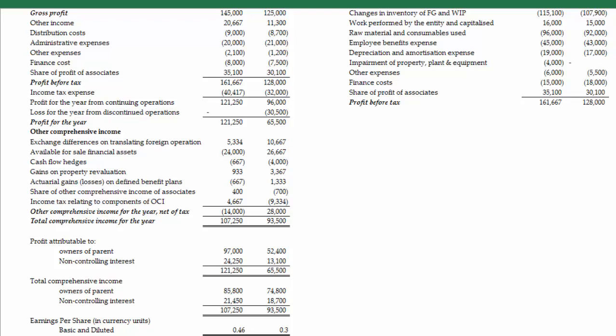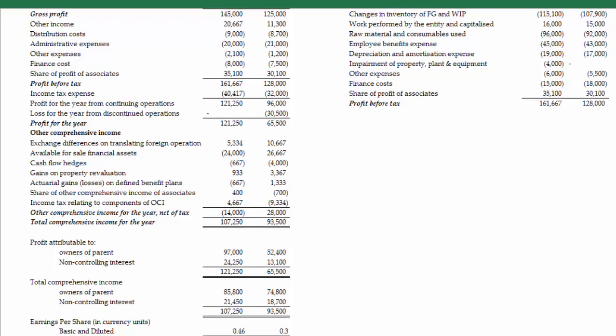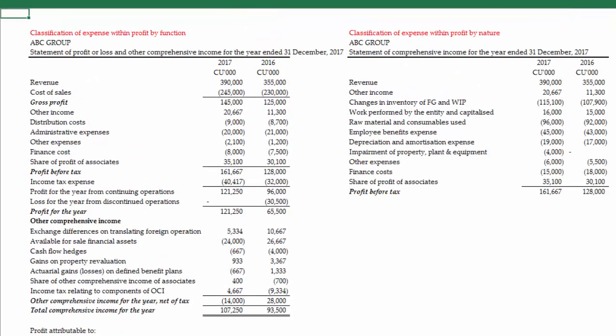If an entity presents the profit or loss in a separate statement, it shall present the attribution of profit or loss for the period in that statement. You need to know that this statement of profit or loss and other comprehensive income can either be presented as a single statement, like in this case now we have it as a single statement.